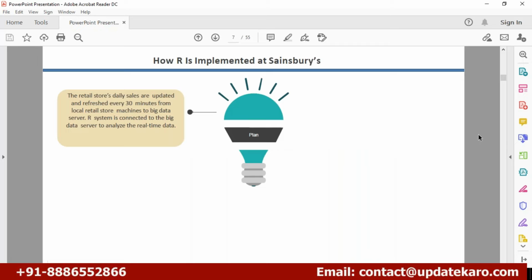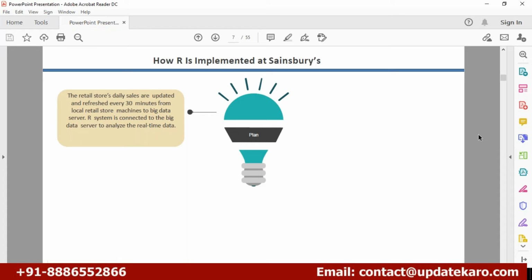So this is the same thing again, Radhika. Whether you are working with Python or with R, it's the same story. You are predicting something, right? Earlier, they did not have that process of predicting things. So here they have introduced R into their ecosystem. What happened by introducing it?